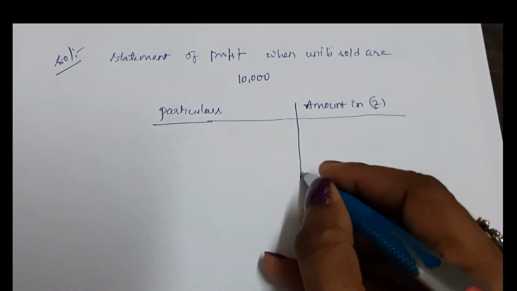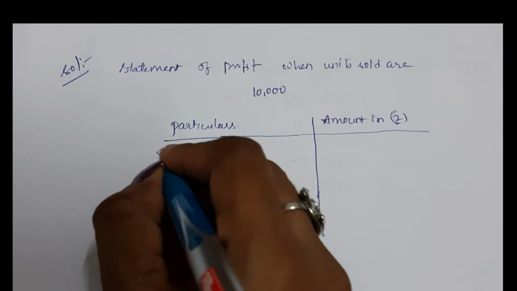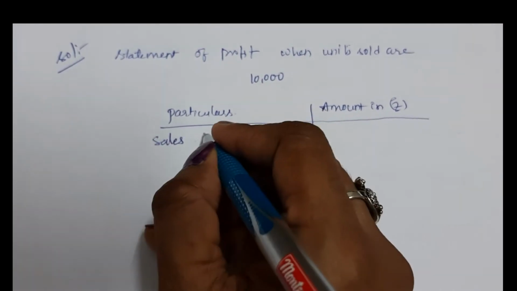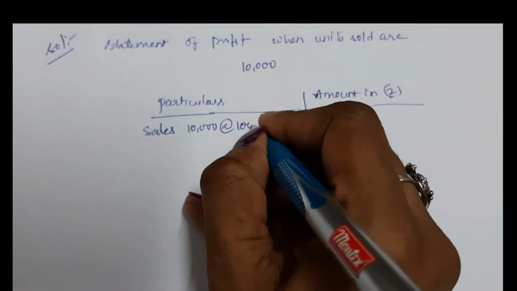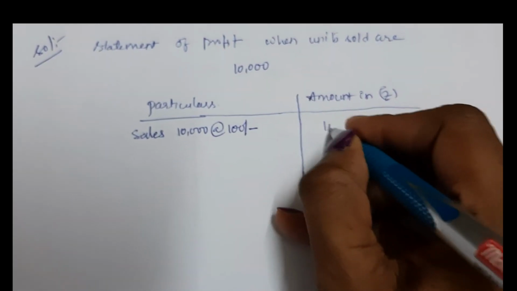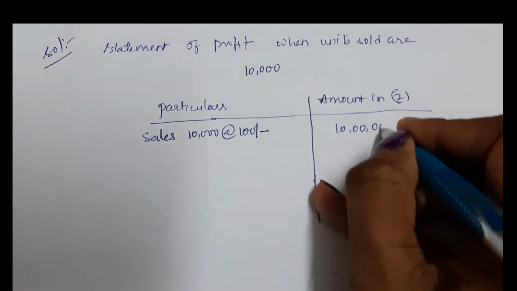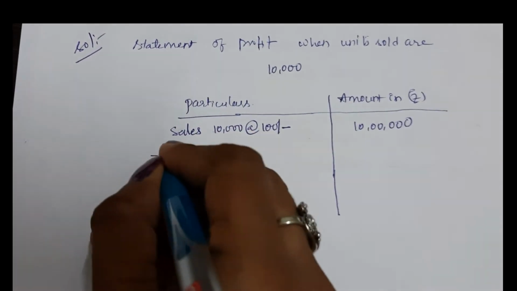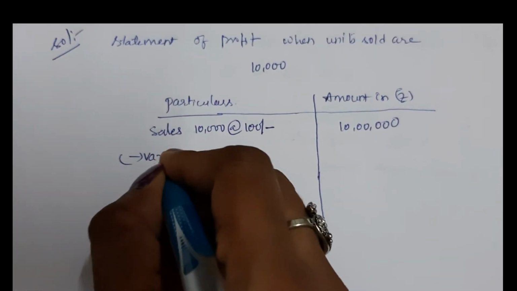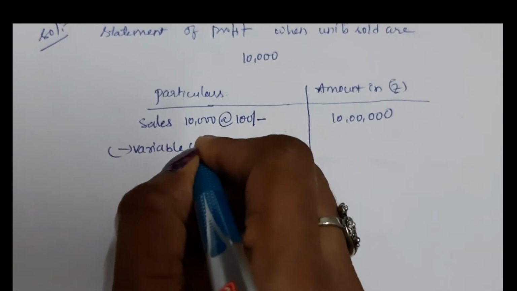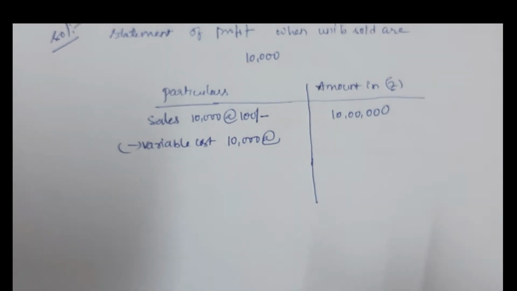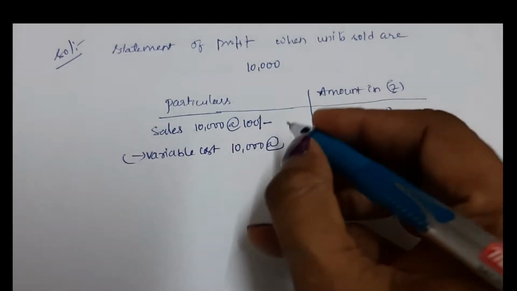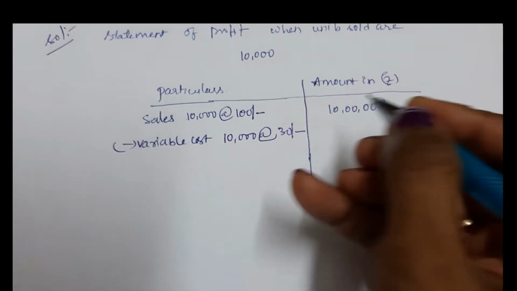Marginal costing equation starts with sales. So at this present condition, 10,000 sales at the rate of rupees 100 each. Total sales will become 10 lakhs, minus variable cost, 10,000 units at the rate of 30 each.